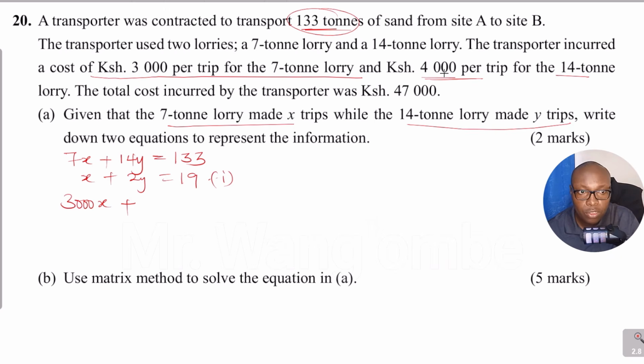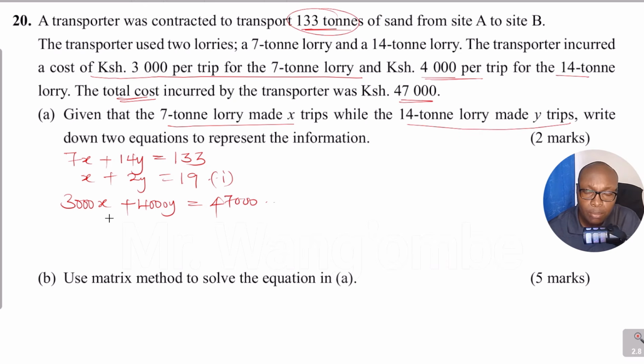So the total cost will be 4,000 multiplied by Y. So now this represents the total cost by the two lorries, and the total cost is given as 47,000. So that is the second equation.